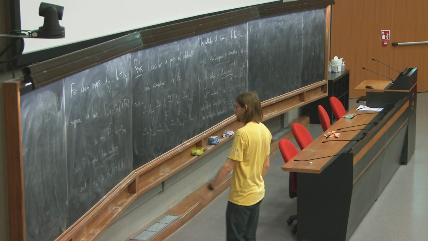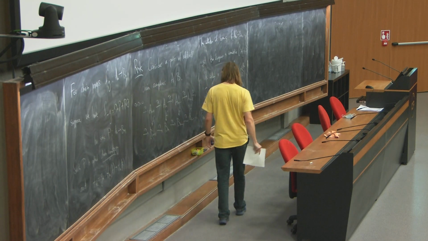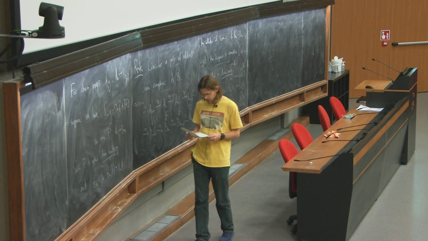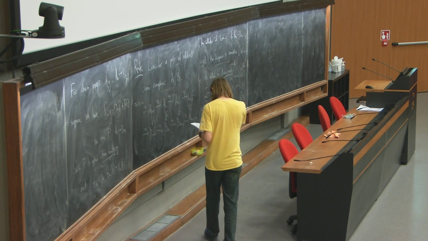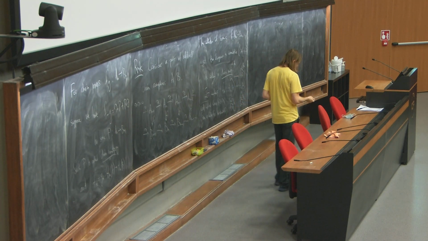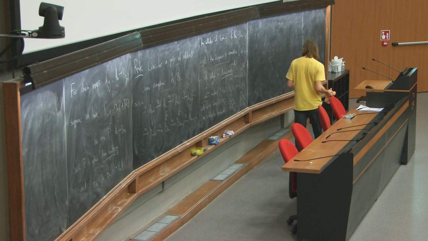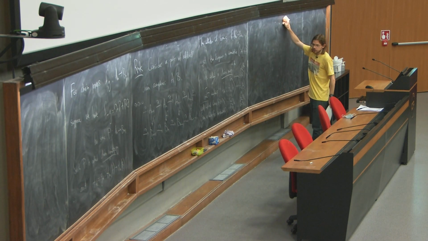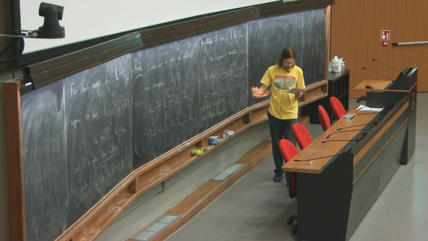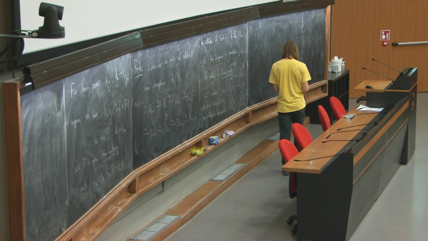Such a more general area is usually referred to as homological algebra, the area of mathematics where people consider abstract chain complexes and chain maps between them and so on.